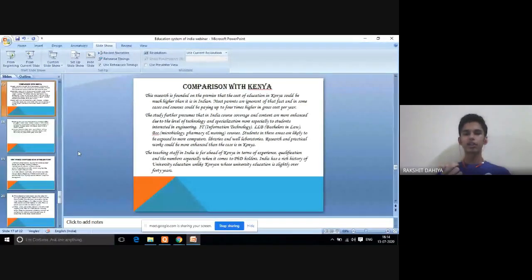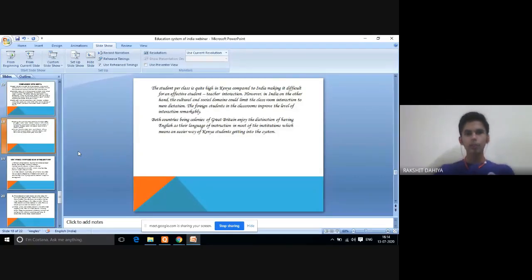India has a rich history of university education, unlike Kenya, whose post-university education is likely over 50 years old. Education system in Kenya just started 50 years ago, so this is the comparison with Kenya. One more slide I'm going to discuss is that student per class is quite high in Kenya compared to India, making it difficult for effective student-teacher interaction.